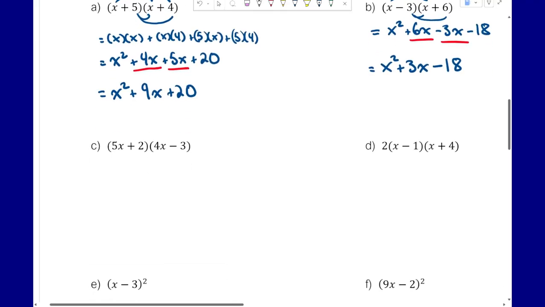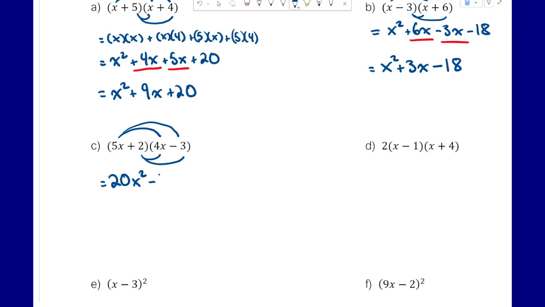For C, exact same thing, just slightly different terms. 5x times 4x, so 5 times 4 is 20, x times x is x squared. 5x times negative 3, 5 times negative 3 is negative 15, and the x gets carried along. 2 times 4x, 2 times 4 is 8, and then the x, and then 2 times negative 3 is negative 6.